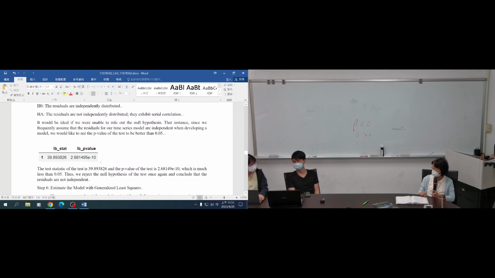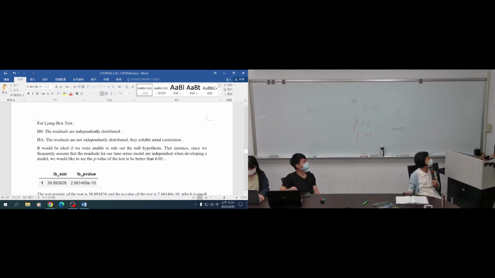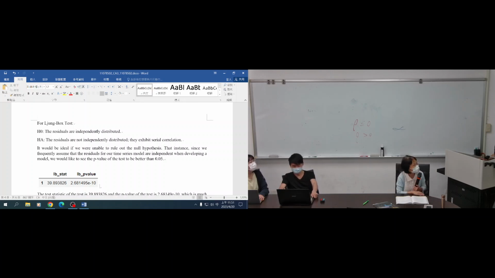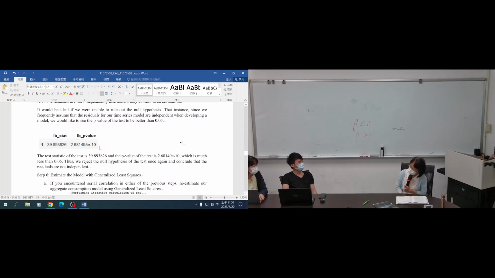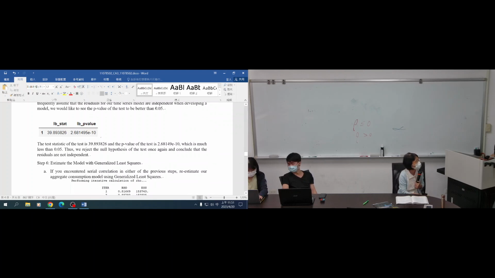Step 2, you have to add one more autocorrelation function test, which is the Q test. I taught it in the class, right? Yes. Now I remember, although my memory is just not very good now. Okay.